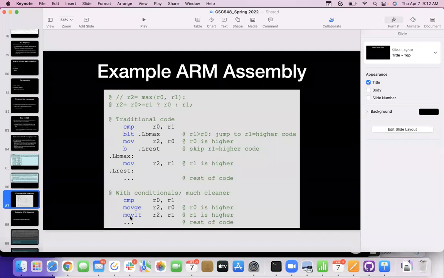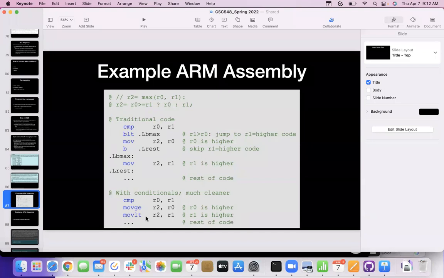The next thing, we attach that conditional: move if less than R1 into R2. So we're accomplishing the exact same logic here as we did up here, but it's cleaner and we didn't actually have to do the real jumps. Behind the scenes, jumps are probably still occurring.